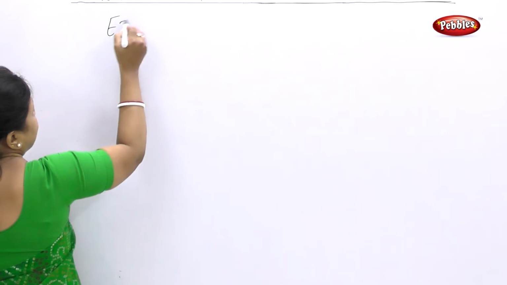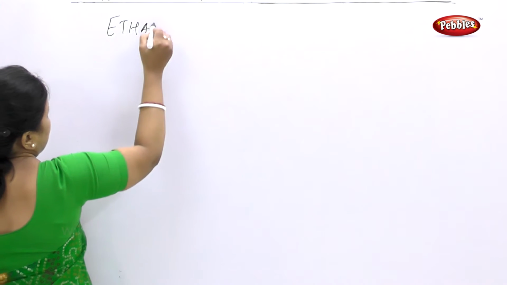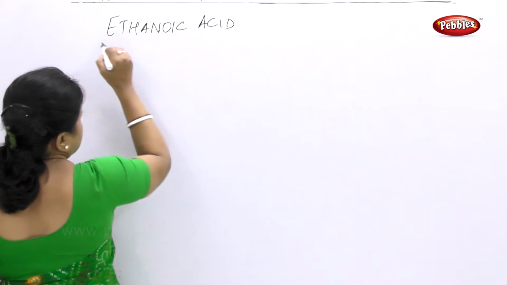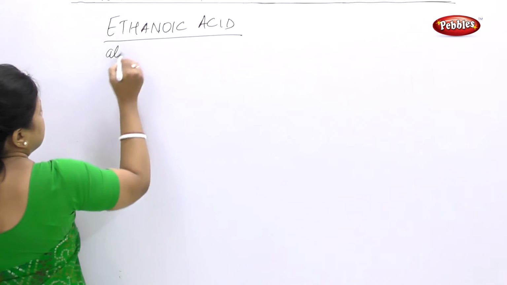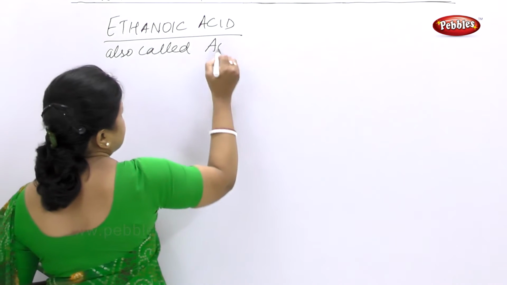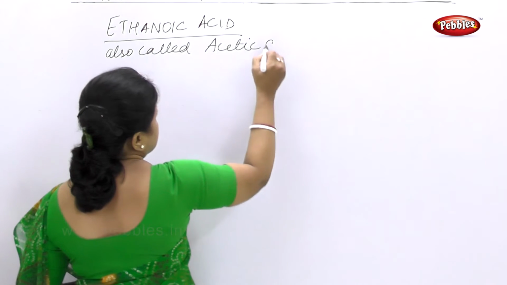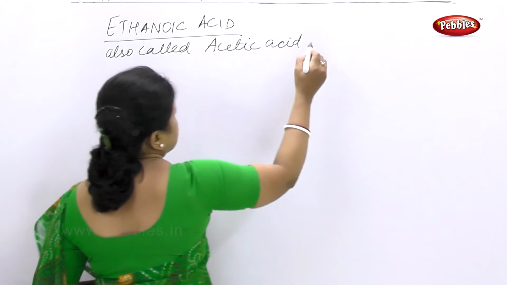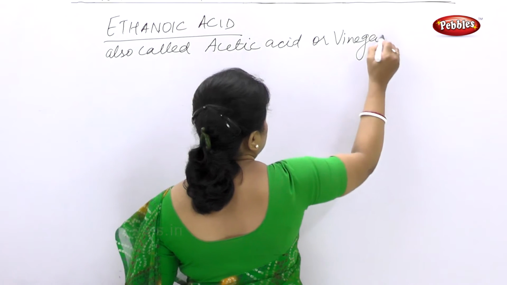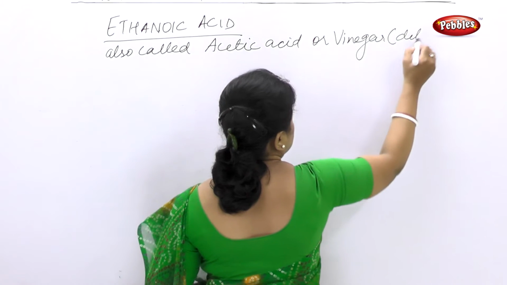So we have the next one, ethanoic acid, also called acetic acid or vinegar. Vinegar is the diluted form.